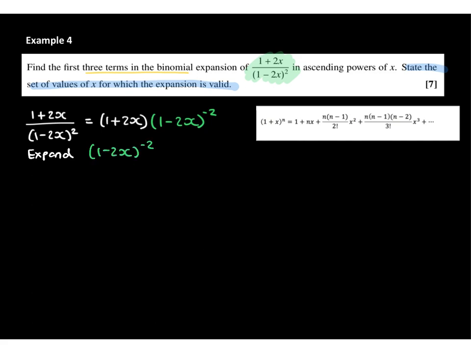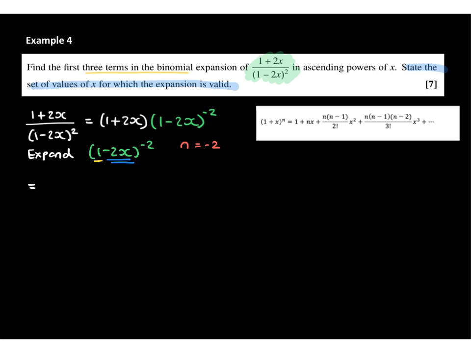Now it's set up very nicely. We've got the 1 that we need over here. Our n value is negative 2, and our x value is negative 2x, effectively. So we have the expansion over there on the right-hand side. Let's find the first 3 terms of this. We don't need to go beyond that because at the end of this we only need 3 terms in the final answer.